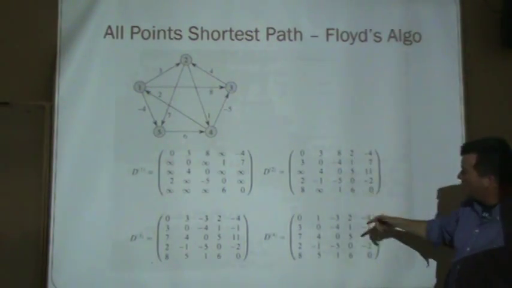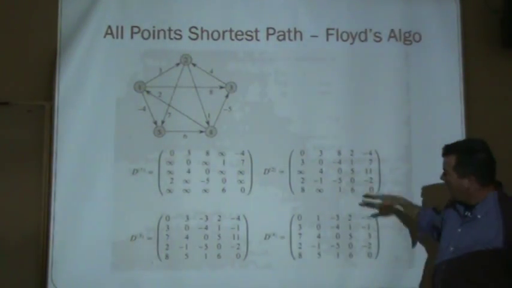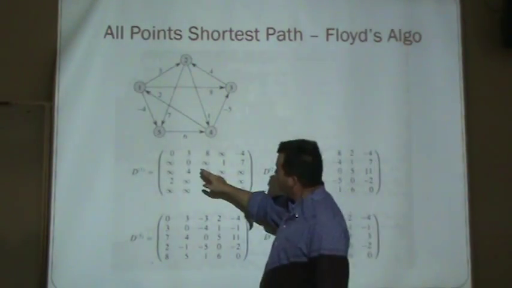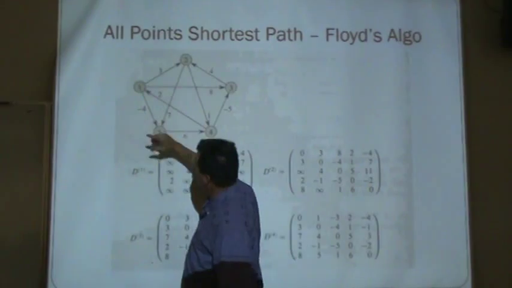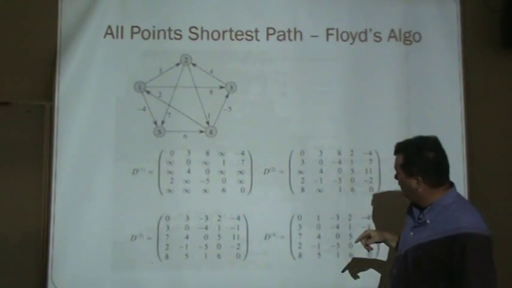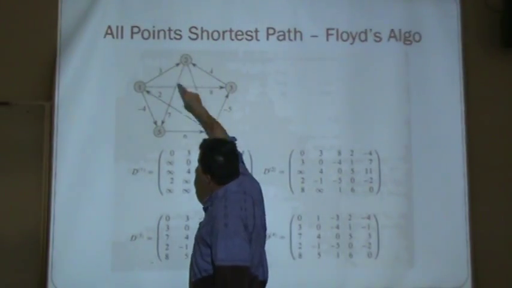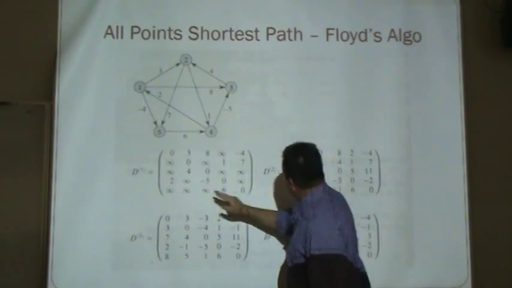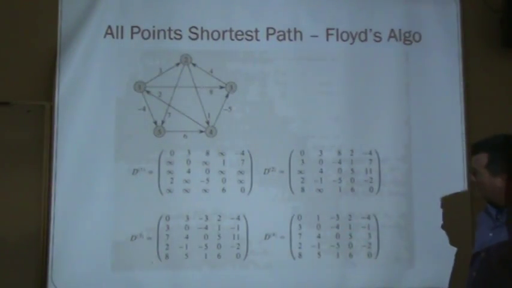So this became a 2 on the second pass. And so some of the numbers improved. We can't go from 2 to 1 on 1 hop, but we can go from 2 to 1 by doing a 7 and a negative 4 for a total of 3. So this infinity became 3 on the second pass.